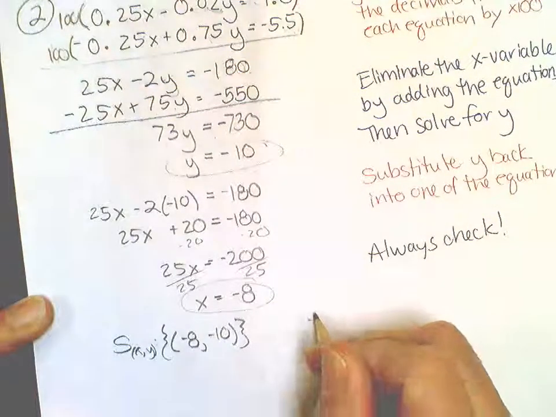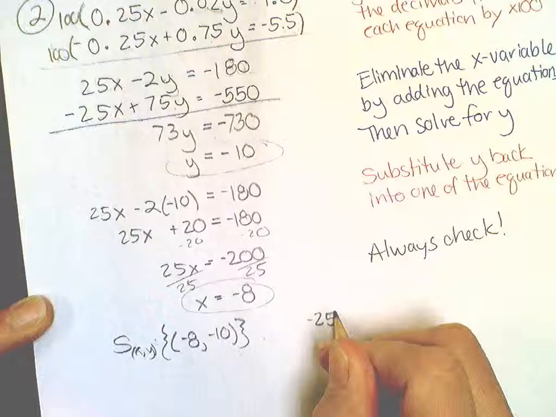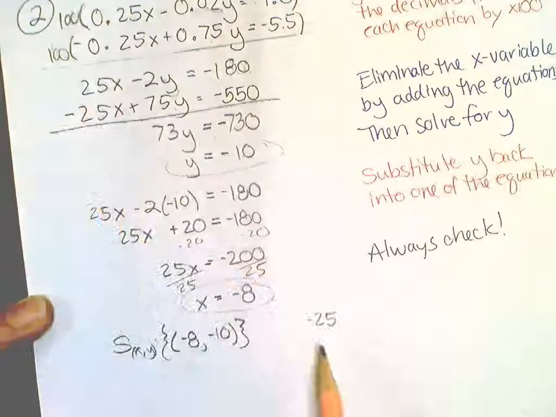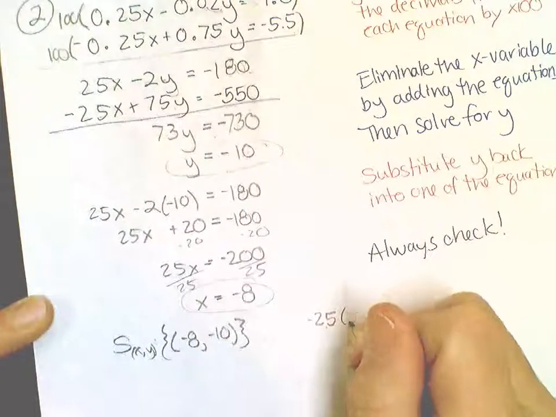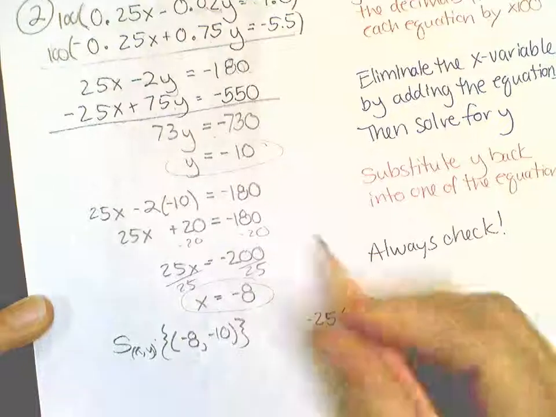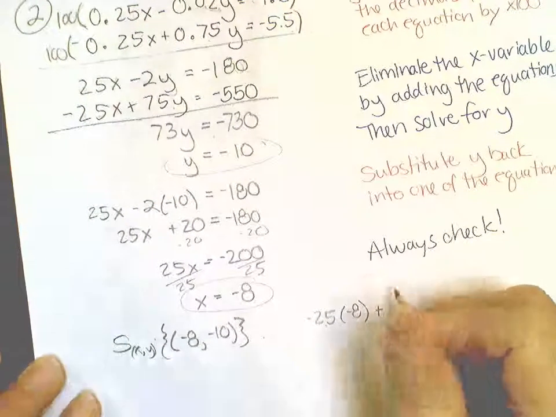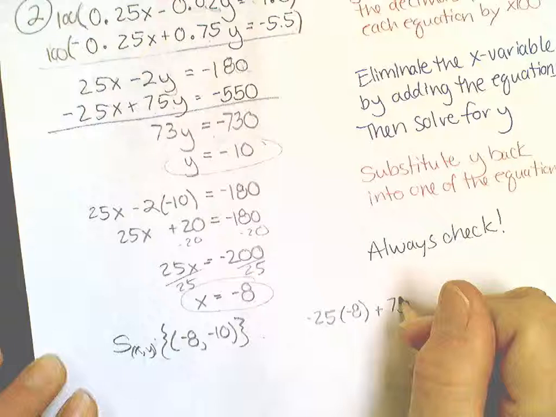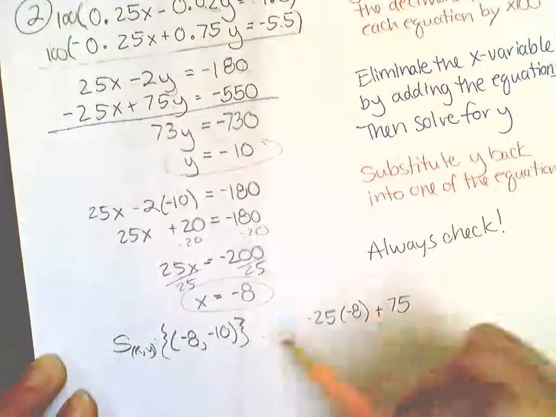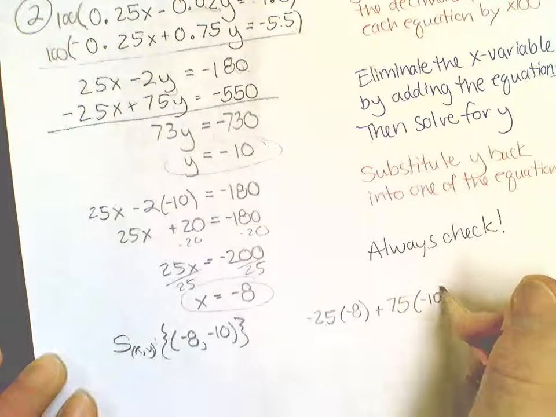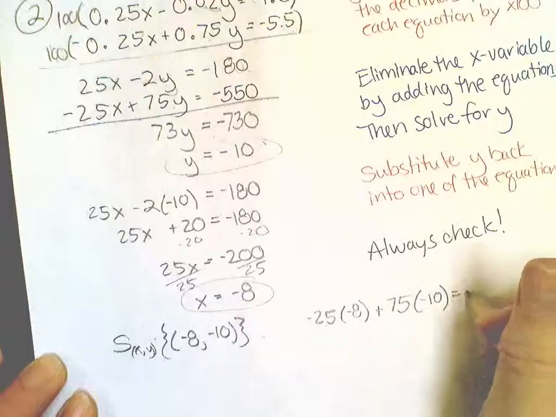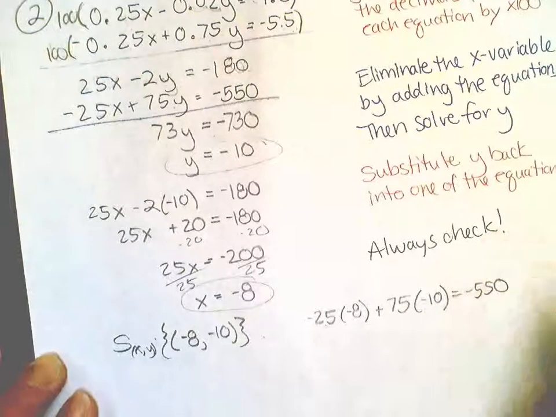So if I take negative 25 from right here and substitute in negative 8, and then add 75 times negative 10 to equal negative 550.